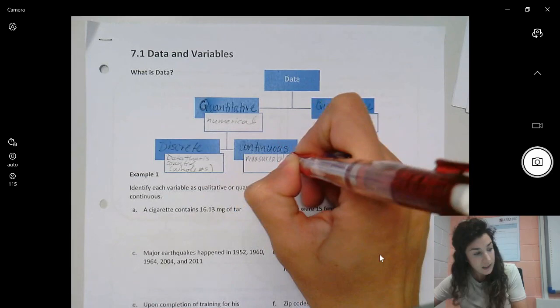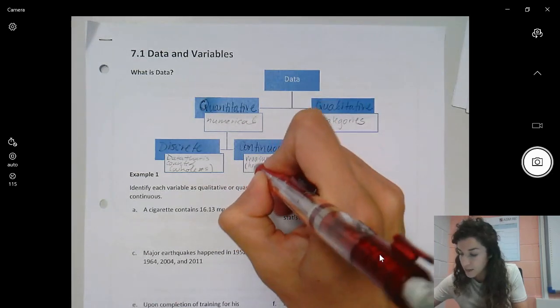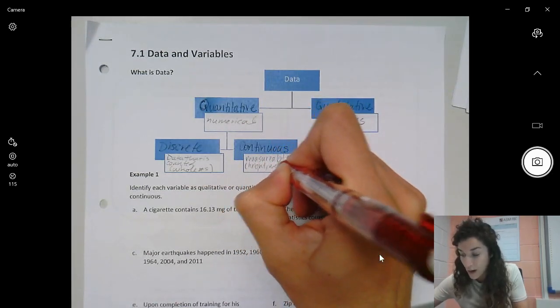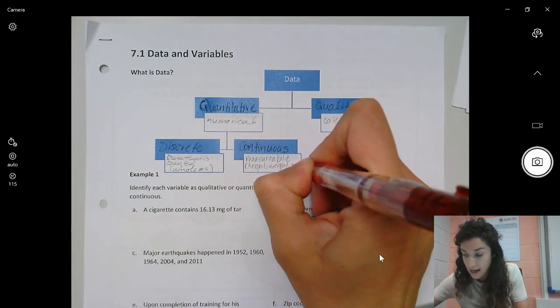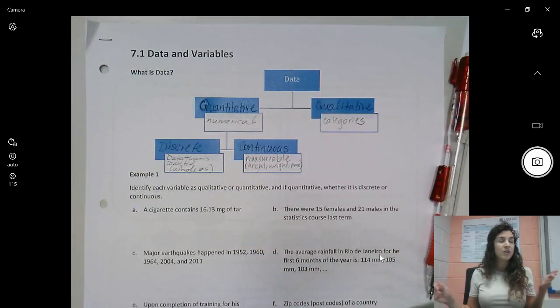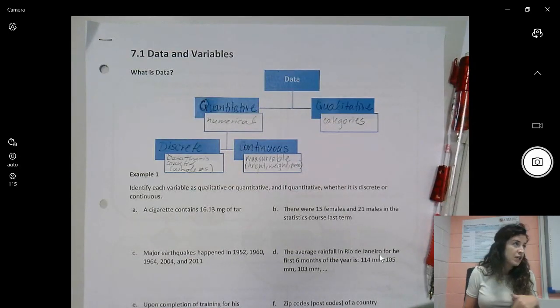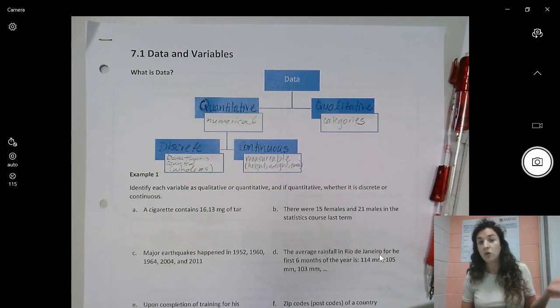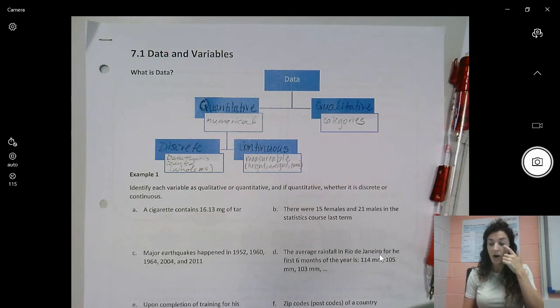So it's measurable data. Think about height or weight or time. You can have 13 and a half minutes. You can be 130.2 pounds. All of those are continuous. There are not specific countable whole numbers that go into it.